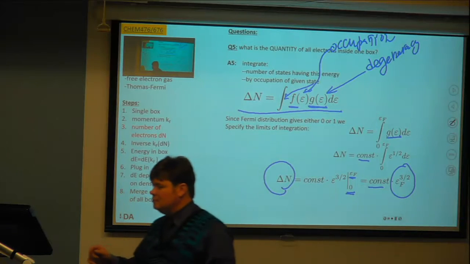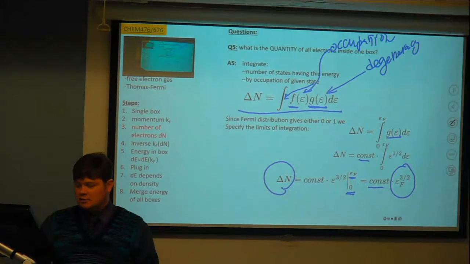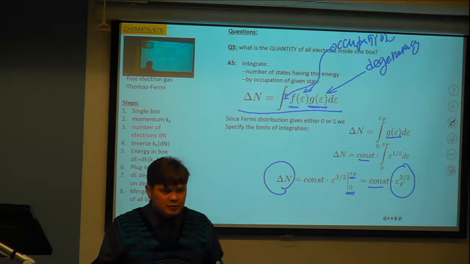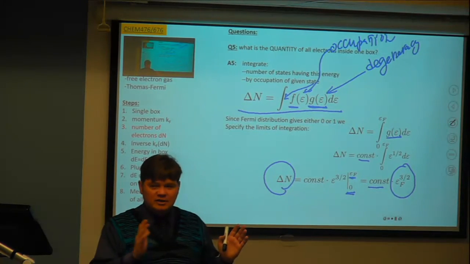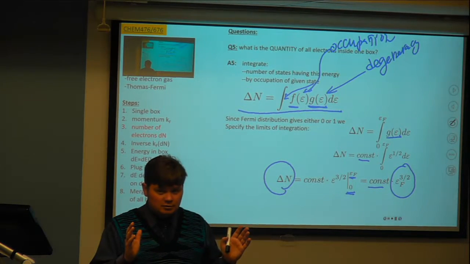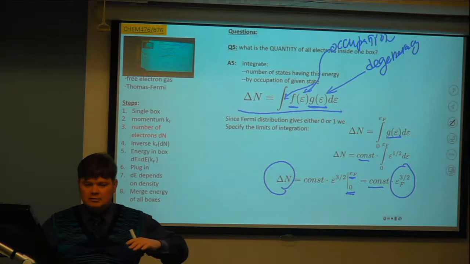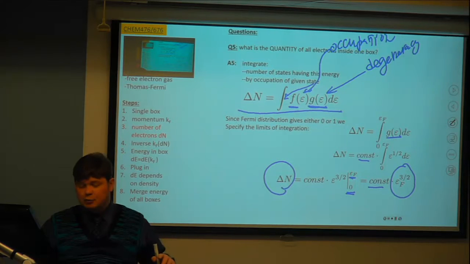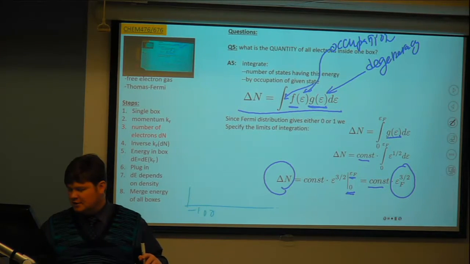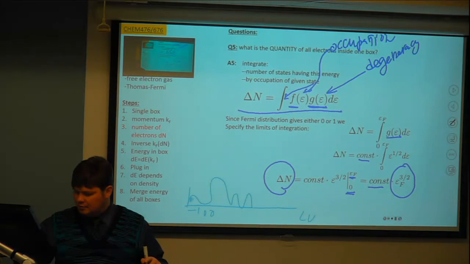If you do your DOS in the lab, we were doing density of states from -10 to 0, right? Last night. But if you do it from as far to the negative as possible, from -100 or whatever is the energy of the lowest state, up to the LUMO, it will be some complicated shape.